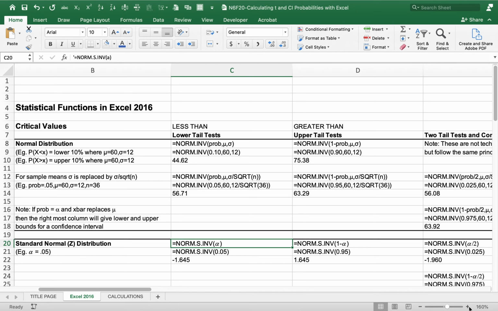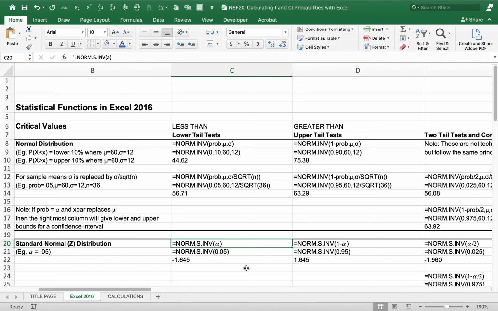You'll notice I've got a symbol in there, which is alpha. Alpha is introduced in Unit E as the level of significance. That will be really important when we get into hypothesis testing, but we're also introduced to it in confidence intervals. So we'll see that in this right-hand column, column E. I'm not going to look at that right now. I just want to focus on these two columns at this point.